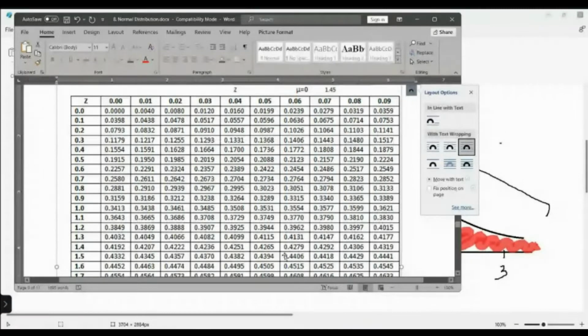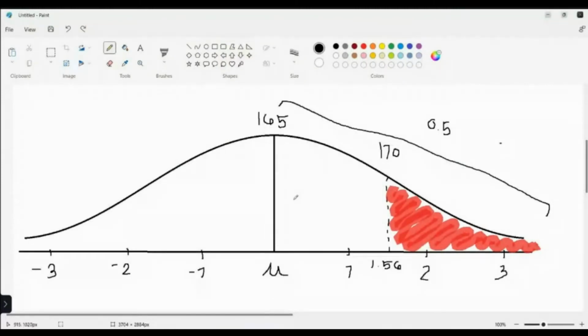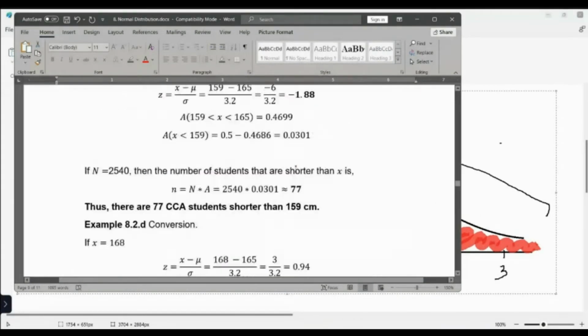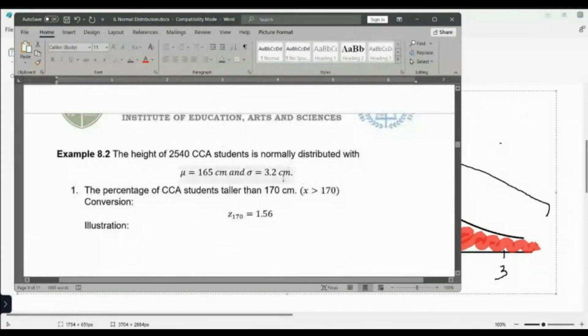There, we have 0.4406. So the area from 165 to 170 is 0.4406. And that's it. We're done with our illustration. Let me copy this in our solution.